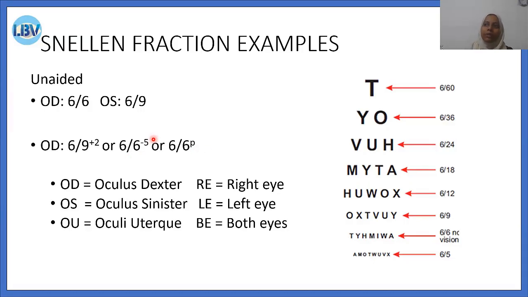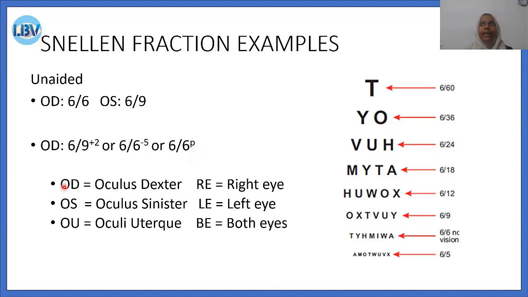It depends completely upon the place where you are working and how they follow. Do they prefer writing 6 by 9 plus 2, the line that was read completely along with the letters read in the next line? Or do we just subtract the number of letters that have not been read, or just mention partial?